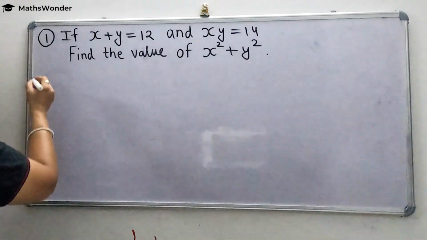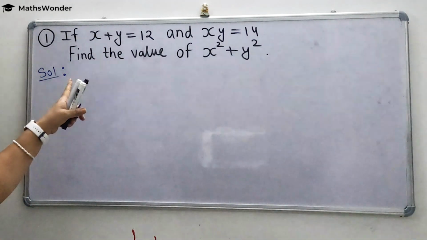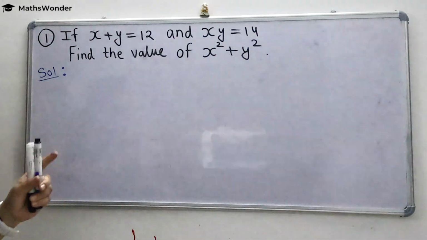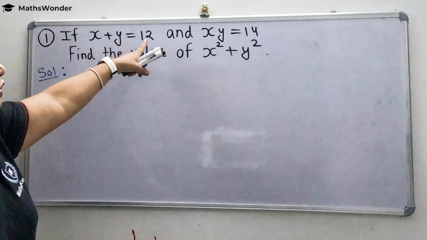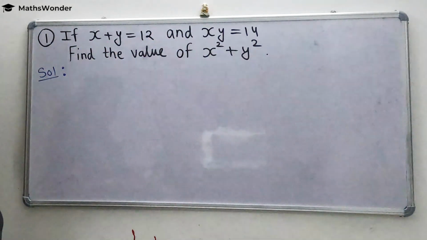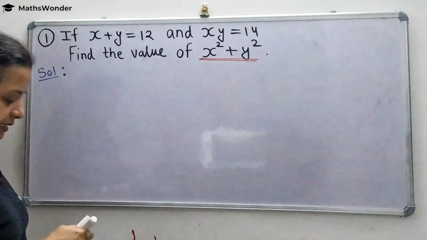So in this type of question, always check what is given in the question. This type of question is based on identities, as you can see. If x plus y is 12, xy is 14, find the value of x square plus y square. You have to find the value of this.